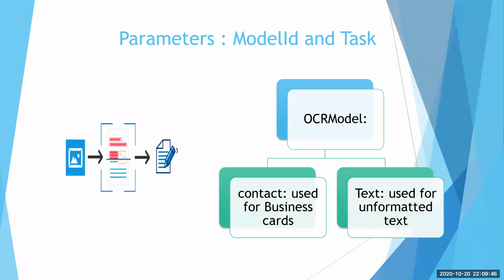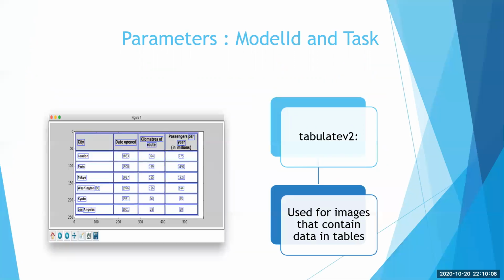As I told in the earlier slide, we can get the response as tags, that is person, phone, email, etc. The second one is text. If we use this task type, then we can scan the unformatted text from the image, and strings of words are obtained as the response. The second type of model ID is tabulatev2, which is used for scanning tabular data like this.